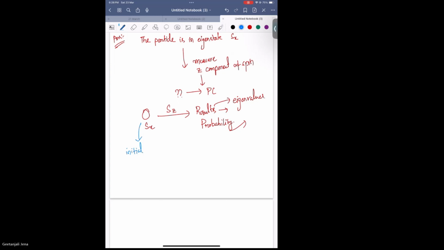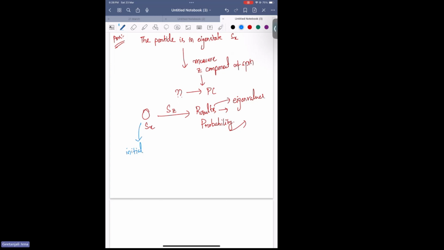So this one you can write as 1 by root 2, [(1, 0) plus (0, 1)], which is nothing but 1 by root 2, [plus of Z and minus of Z], the plus eigenstate and minus eigenstate of the Sz operator. Or the particle may be in the other eigenstate, and this one you can write as 1 by root 2, [plus of Z minus minus of Z].